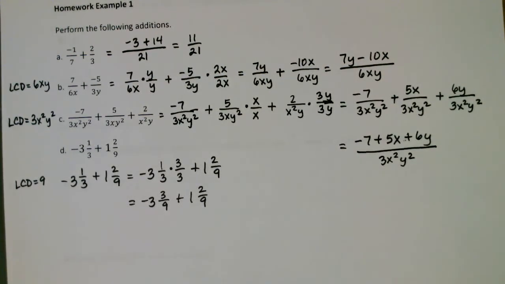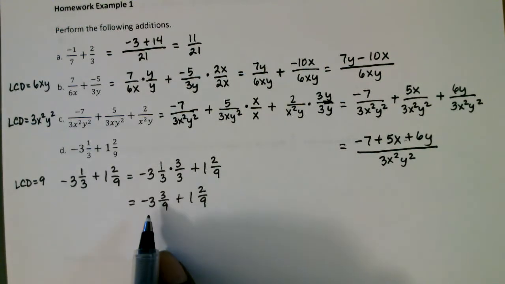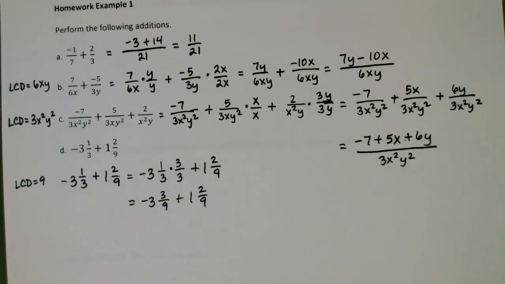Now in this case here, we're going to use the rule for adding integers with different signs. And it's this: if we're adding 2 integers with different signs, we subtract and take the sign of the larger absolute value.